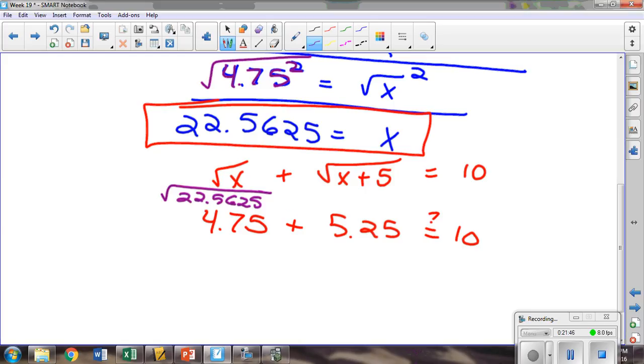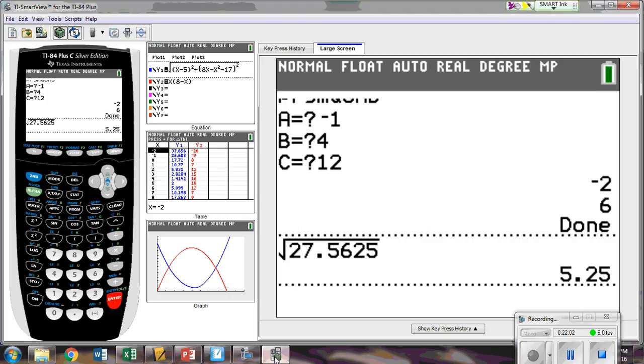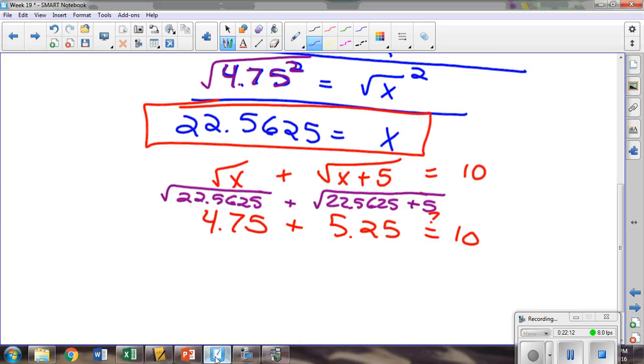On the second part, we had 22.5625 plus 5, which gives us 27.5625. And when we use the calculator, the square root of 27.5625 is just 5 1/4. That's where the numbers were coming from. Did that clear up your question, sir?